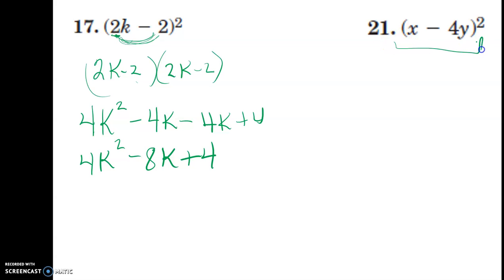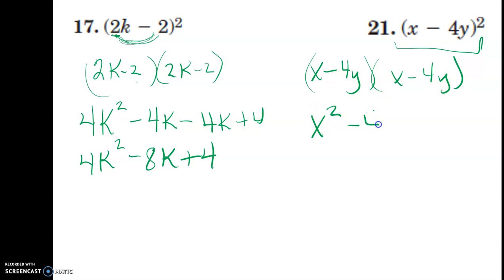Now let's take a look at 21. 21 has a variable on both, but it doesn't change the way we look at this one. Two terms. And first two terms are x squared. My outer two terms give me a -4, and usually we write them in alphabetical order, so x, y. My inner two terms are going to give me the same thing.